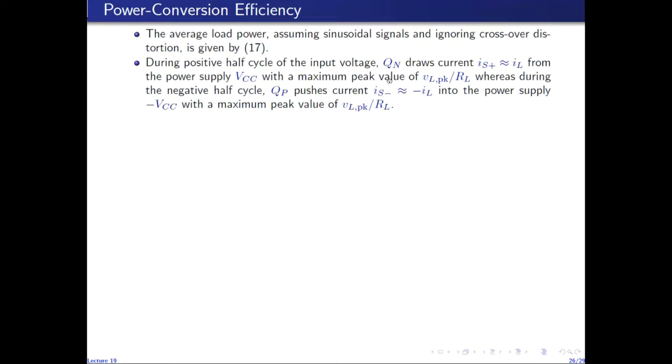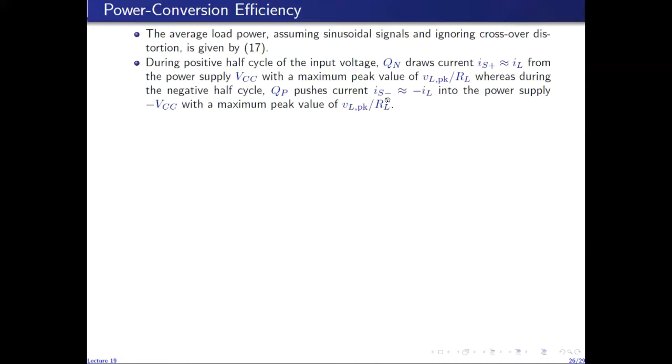This current has a maximum peak value given by the peak value of the load voltage, VL peak, divided by RL. On the other hand, during the negative half cycle, Qn does not conduct, but Qp conducts, and it pulls the current minus IL from the load, and it pushes the current into the power supply minus VCC.